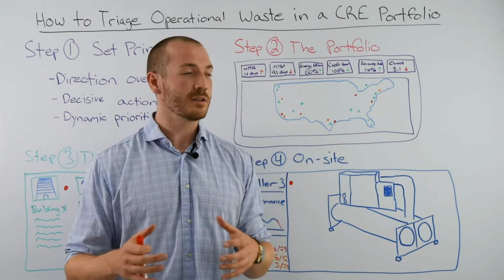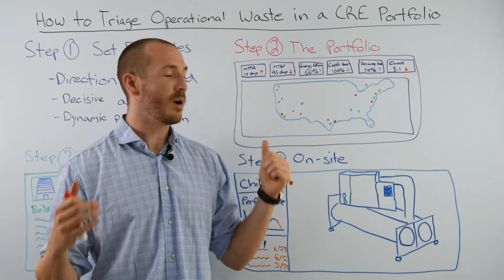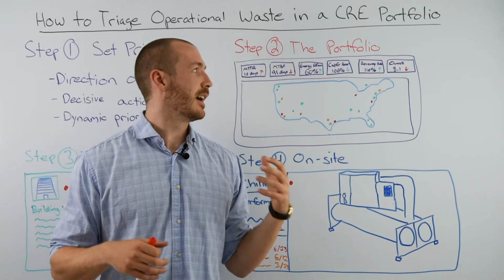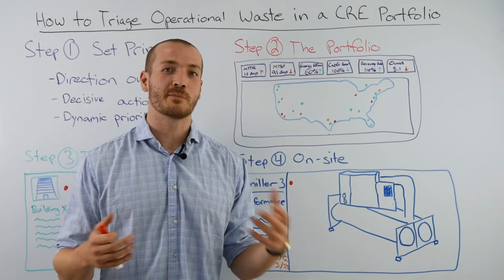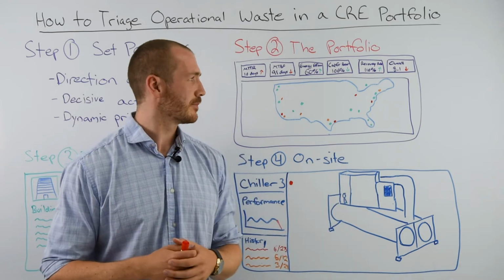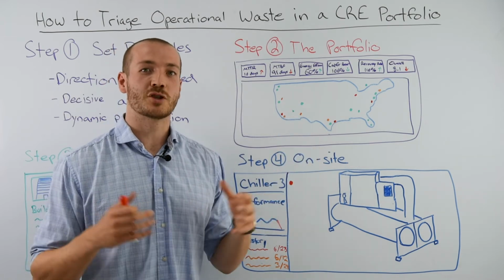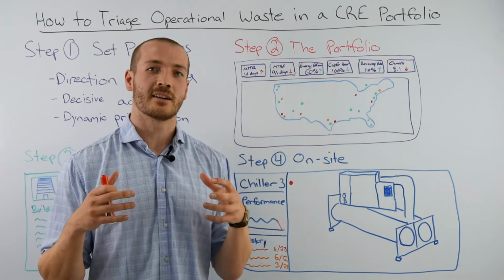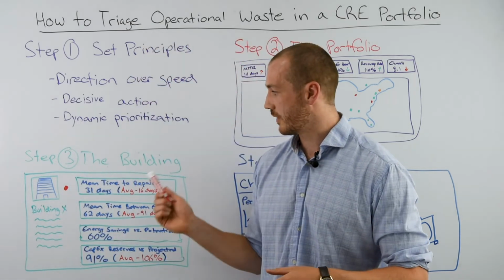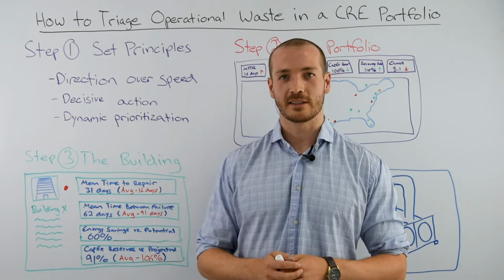Once you have the map and you can quantify metrics such as mean time to repair, the energy savings versus the potential, and your CapEx reserves versus the projection, you can start making these apples to apples comparisons and drilling down into the assets that have the most waste. And once we identify those, we want to understand exactly where that waste is coming from.